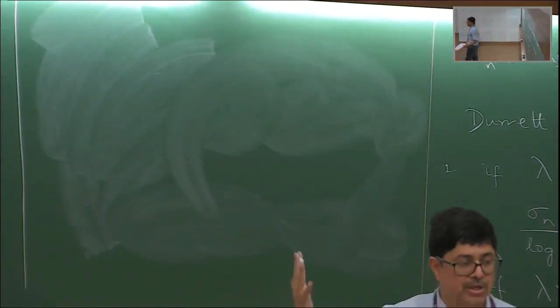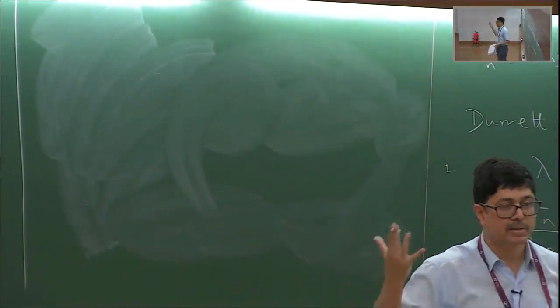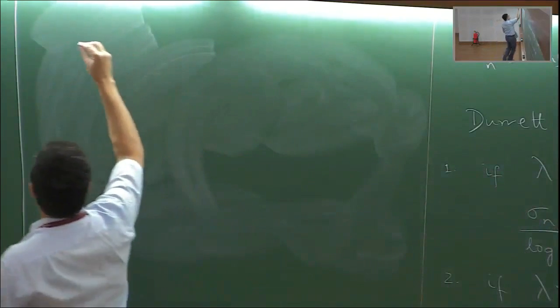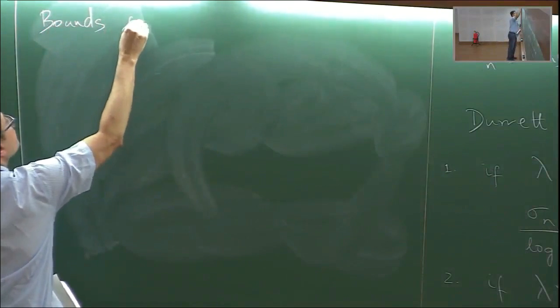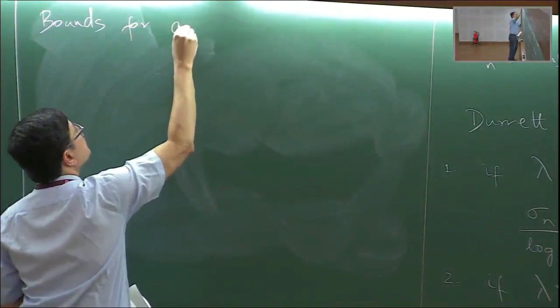Okay, and can you say something about other kinds of finite graphs? So, bounds for general graphs.